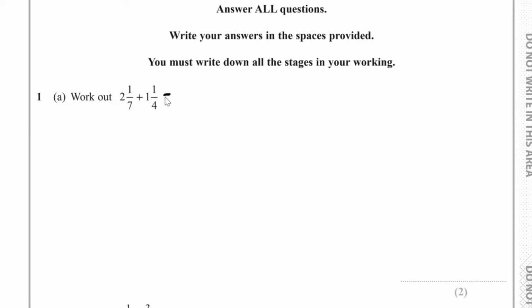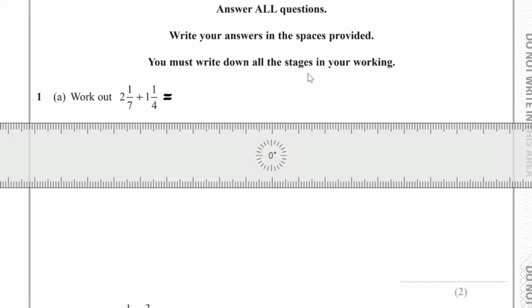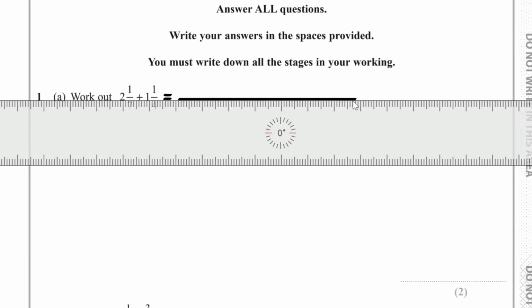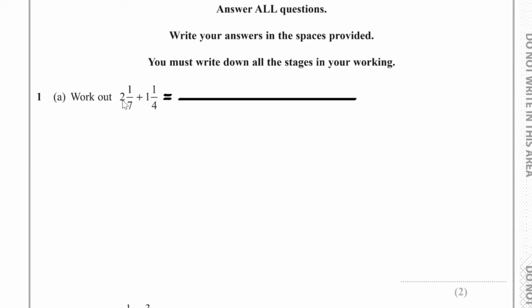And so, if we begin with the 2 1/7, we have the 2 multiplied by the 7 plus the 1, and this is being divided by the 7, and then we add on to this 1 1/4, and this as an improper fraction.